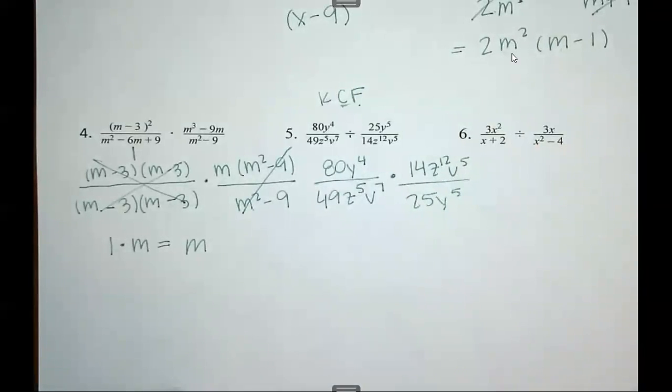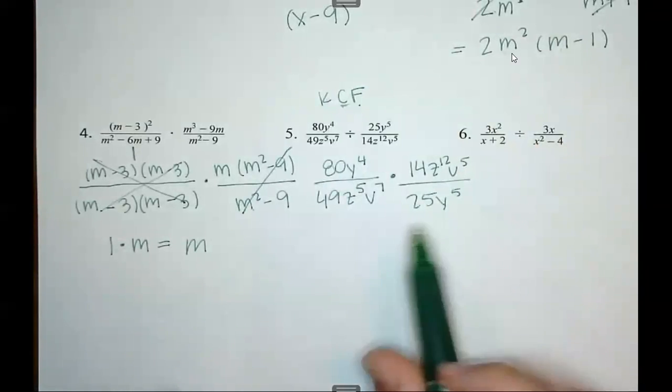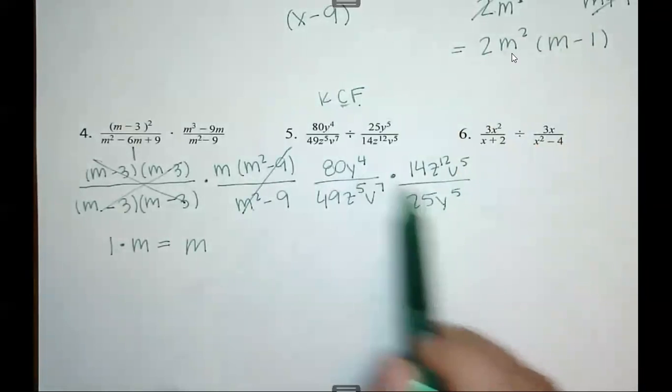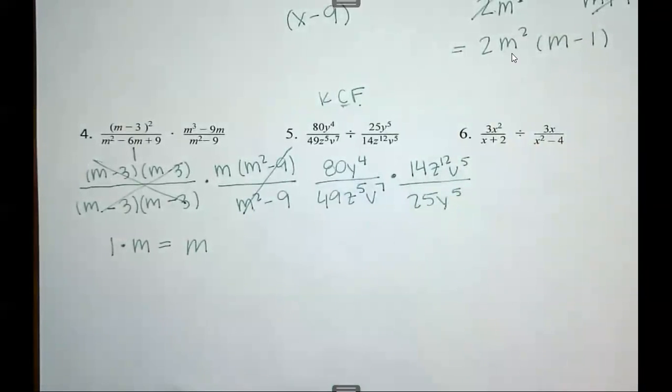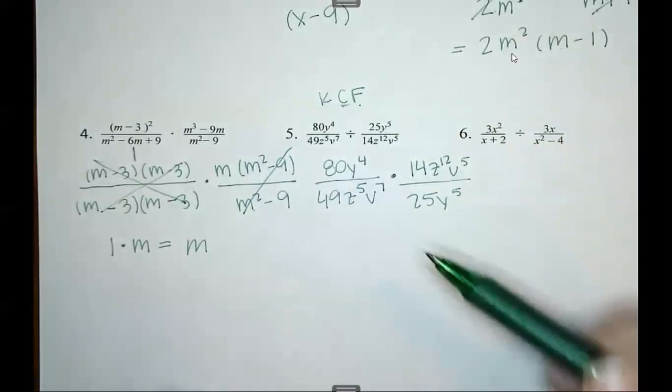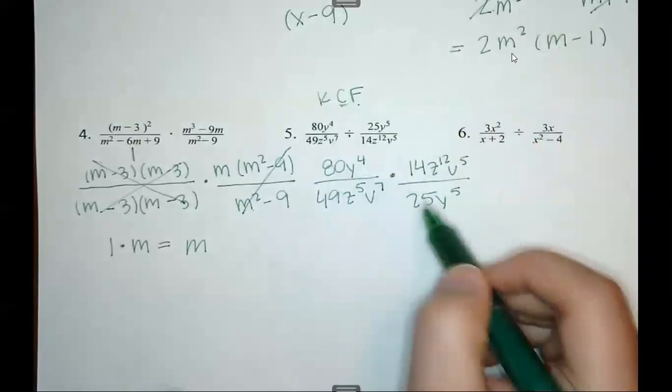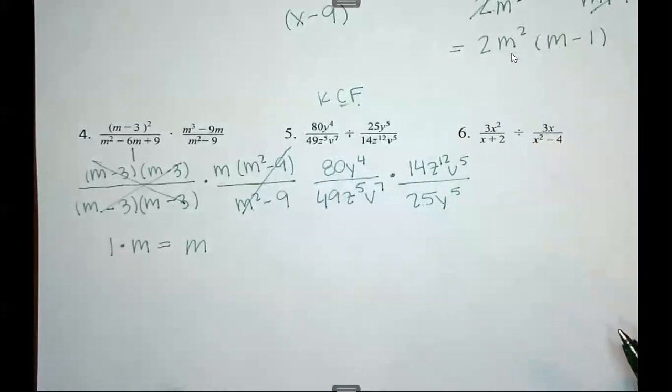Okay, so what I'm going to do here with my y's, I'm going to want to subtract exponents, and I'm going to simplify those numbers, and then with the z's and the v's, I will want to do the same. So first, 80 and 25. Well, those will both simplify by 5.